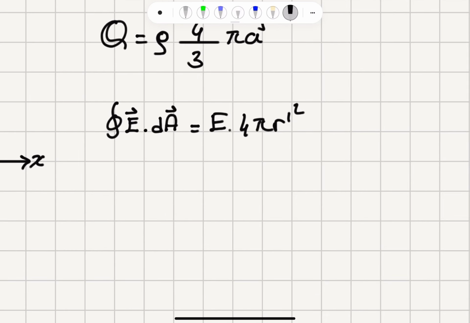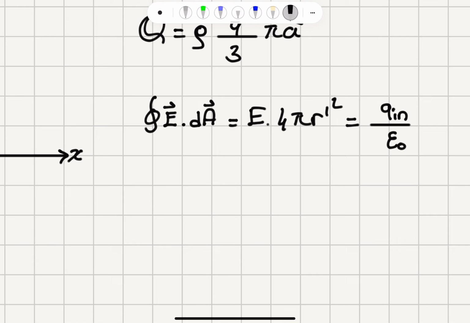This must be equal to the charge enclosed by this Gaussian surface, Q in, divided by the permittivity of free space, epsilon 0. So the electric field magnitude times 4 pi r prime squared must equal the charge enclosed, which is the uniform volume charge density ρ multiplied by the volume.